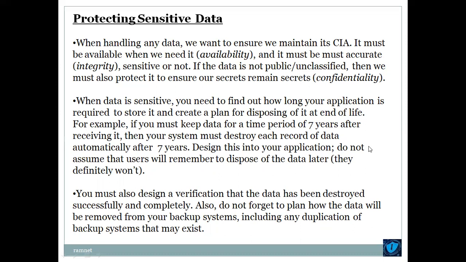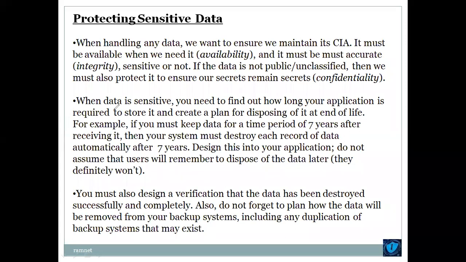Security people will always be speaking about this one, CIA. When handling any data, we want to ensure that we maintain its CIA. It must be available when we need it. That is availability. And it must be accurate. That is nothing but integrity. Sensitive or not, if the data is not public or unclassified, then we must also protect it to ensure our secret remains secret. That is nothing but confidentiality.